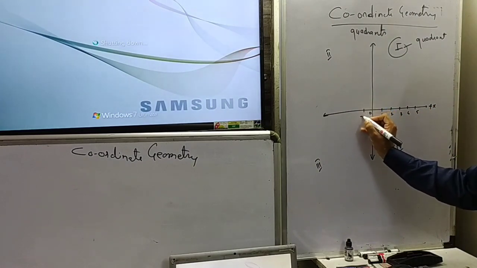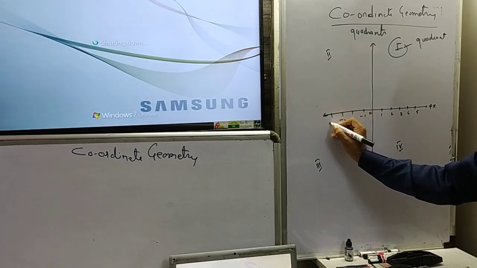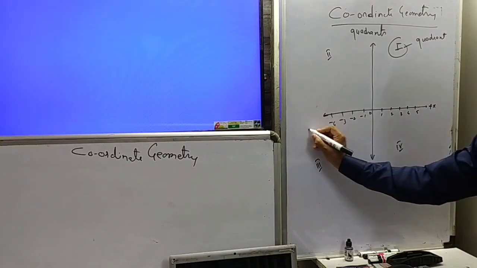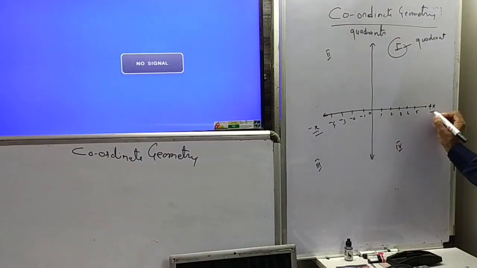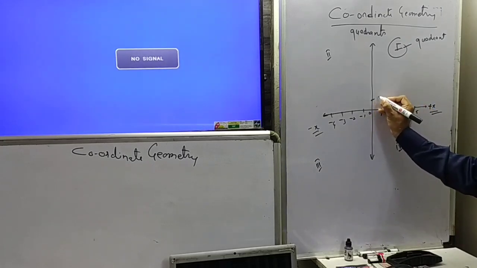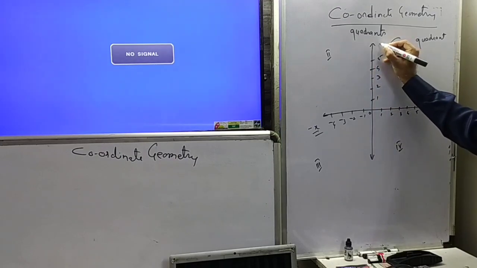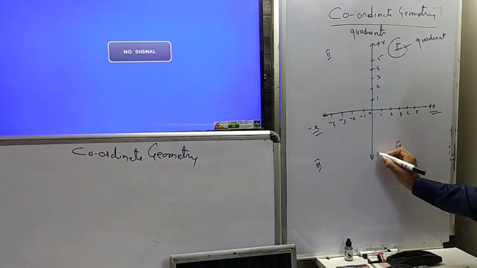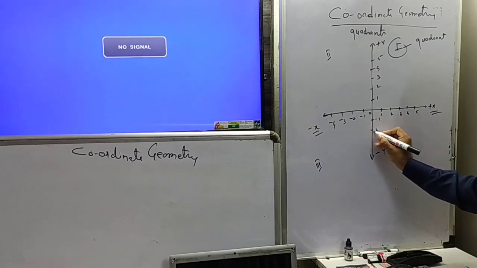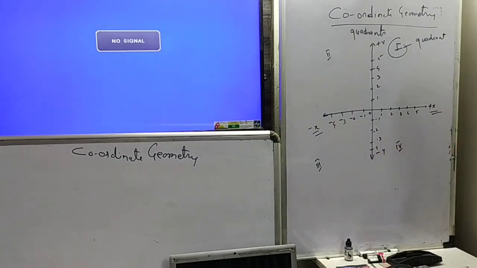Then this is -1, -2, -3, -4, and so on, the negative x-axis. On the upper side again we write 1, 2, 3, 4, 5, the positive y-axis, and below it -1, -2, -3, -4, -5, the negative y-axis.